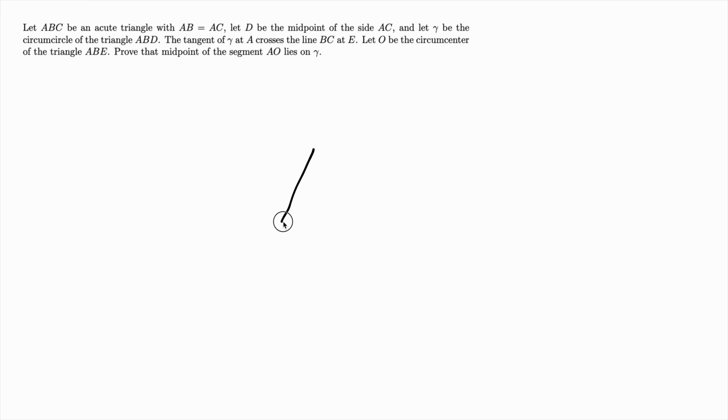So it's an isosceles triangle where this is A, B, and C. Let D be the midpoint of side AC. So this should be D. Let gamma be the circumcircle of triangle ABD.